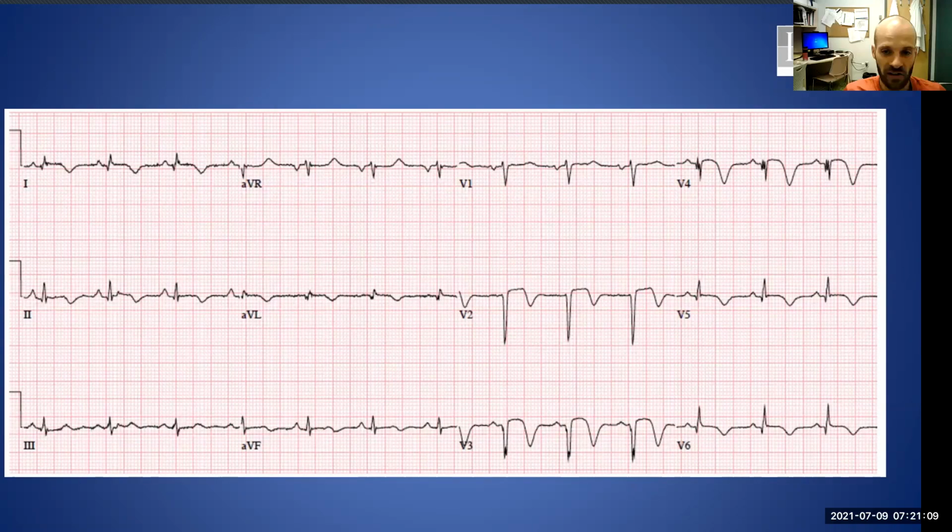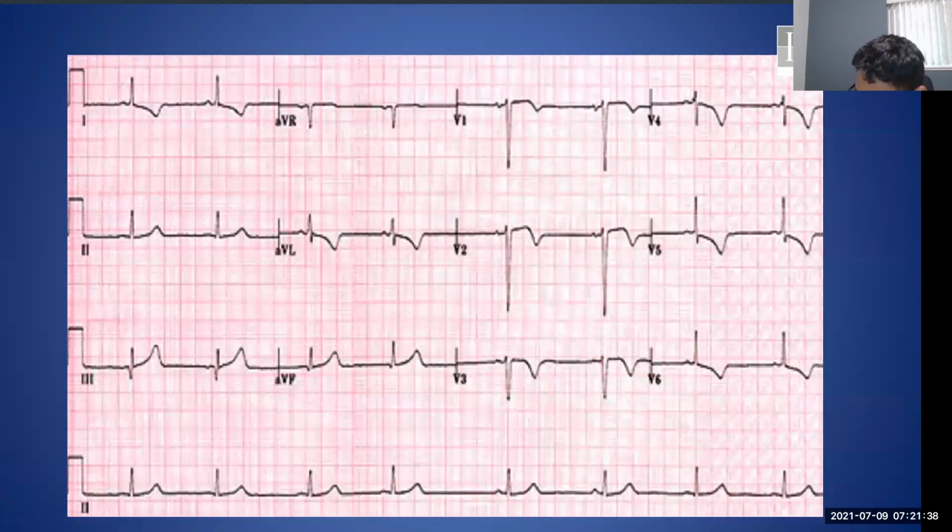So T wave inversion in V1 is normal. T wave inversion in V2 is also pretty common. If you're getting T wave inversion beyond that point, it's generally abnormal, so from V3 and beyond it is more likely to be abnormal. In lead aVR, you can often get T wave inversion as well. Those can be normal findings. Okay, thank you.